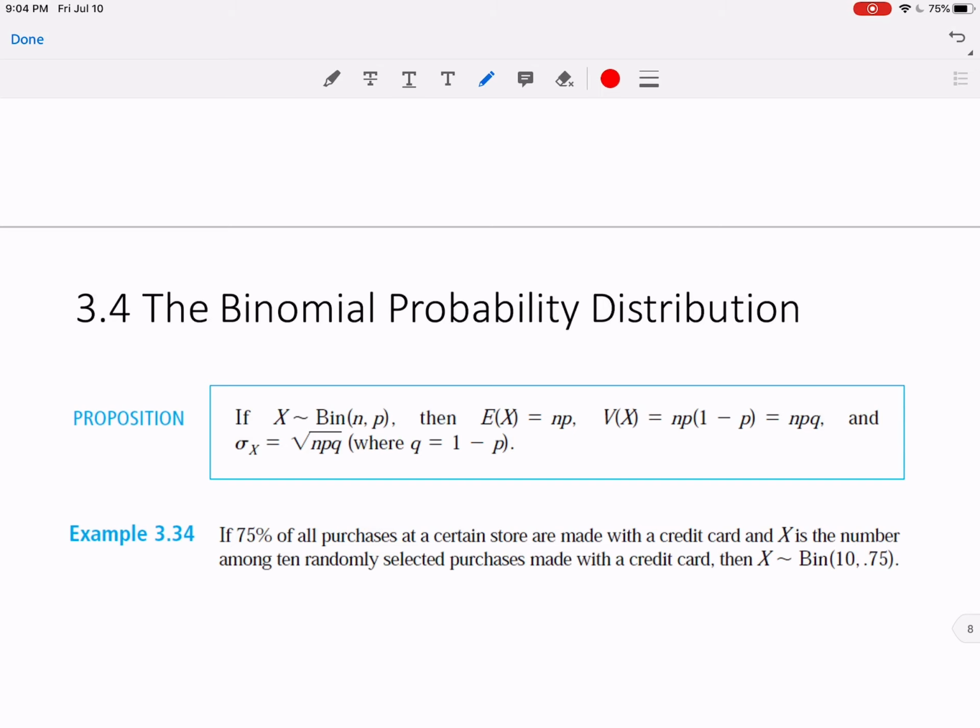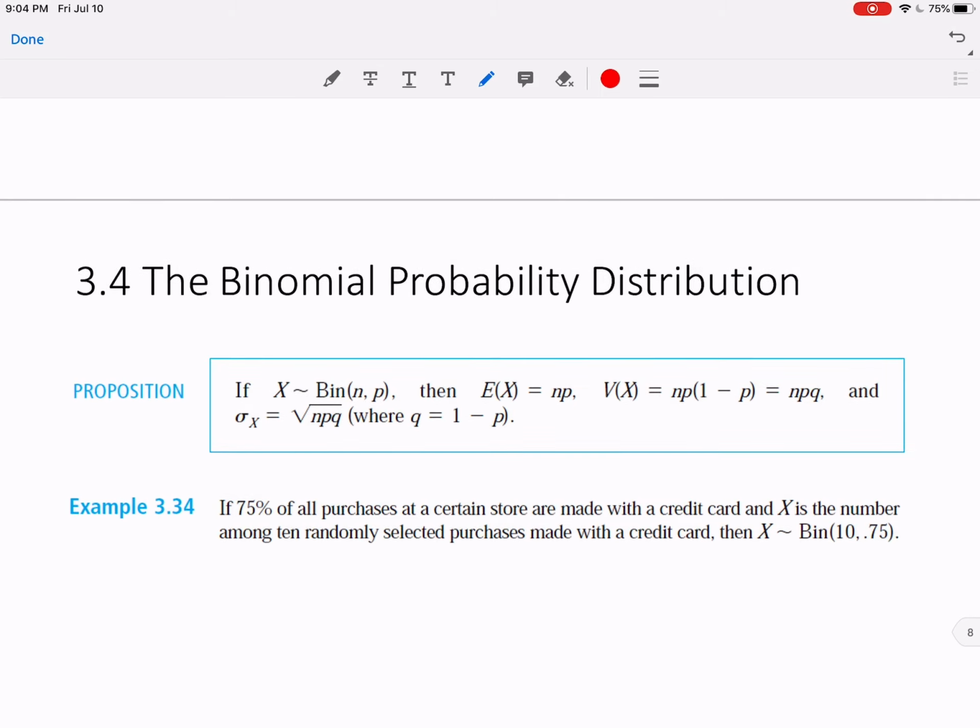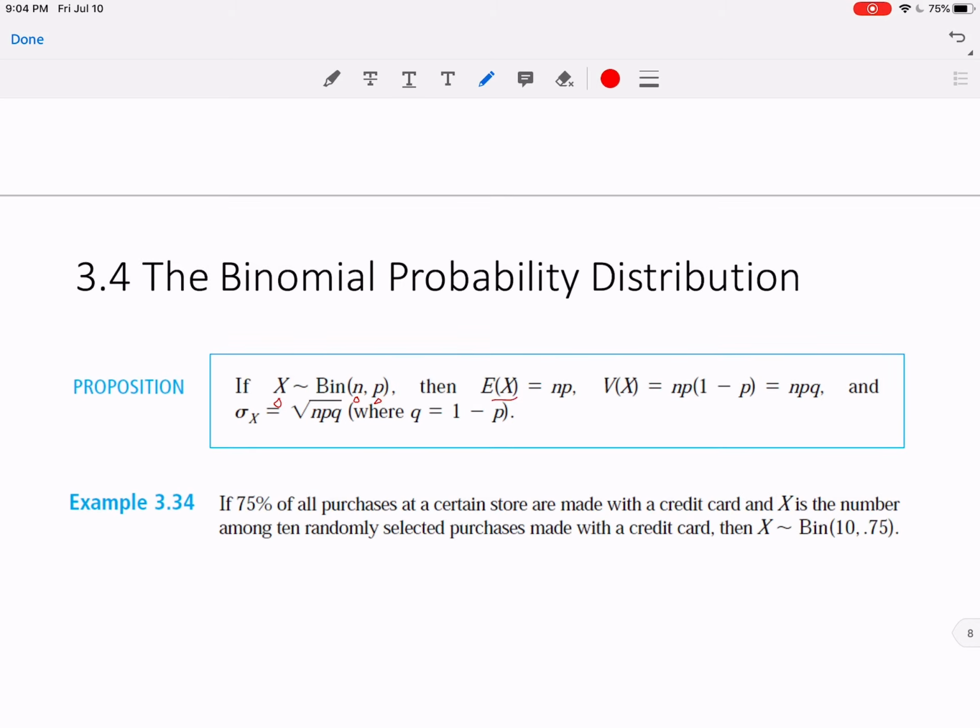If we have the random variable X that follows a binomial distribution with the parameters n and p, then the expected value of X is equal to n times p, and the variance is equal to np times 1 minus p.